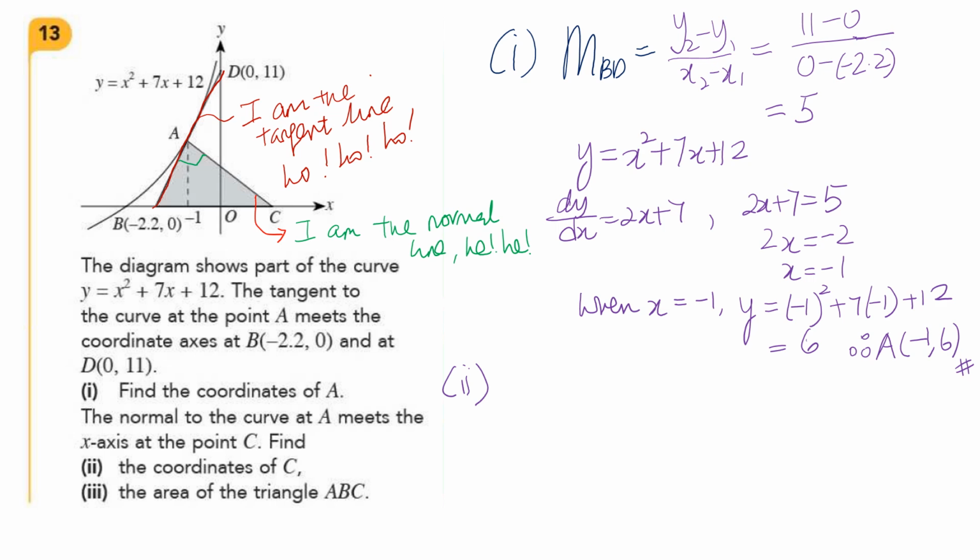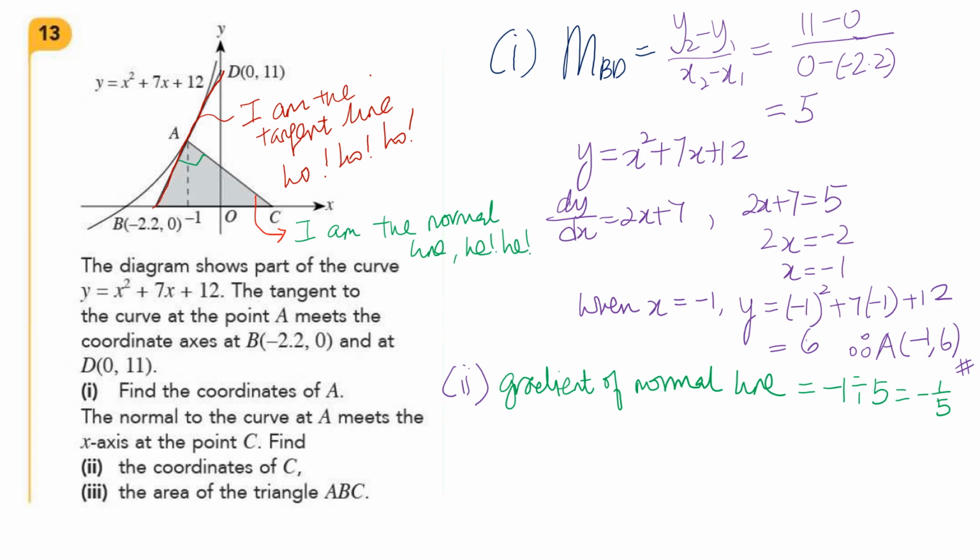Alright, so we can find the gradient of our normal line, which is basically just negative 1 divided by the gradient of your tangent line, which is 5, so negative 1/5.